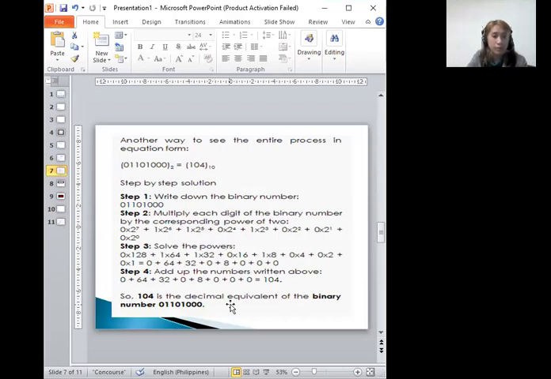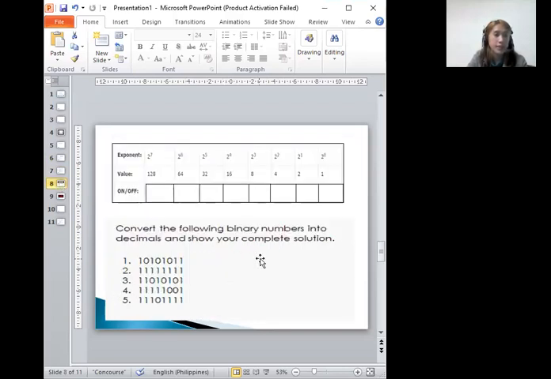Then you're going to solve the powers and same pa din yung kanyang sagot, which is the 104. Next one. So let's see if alam niyo na po kung paano siya i-convert sa binary numbers into decimal. So, by showing your complete solution, ilalagay na lang natin siya dito sa ating given exponent value and then on and off.